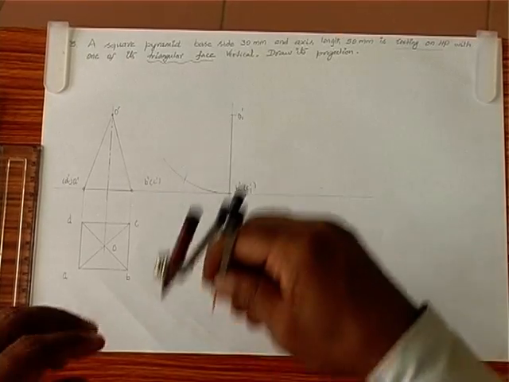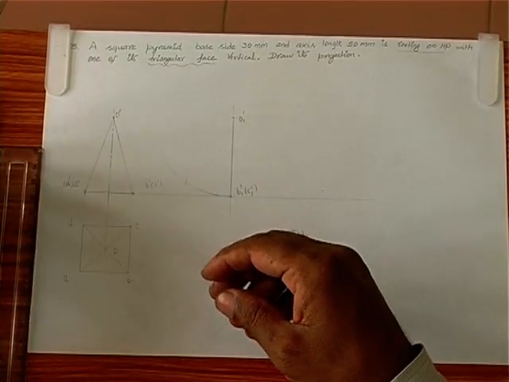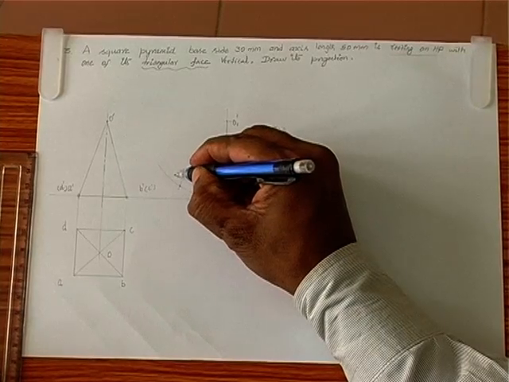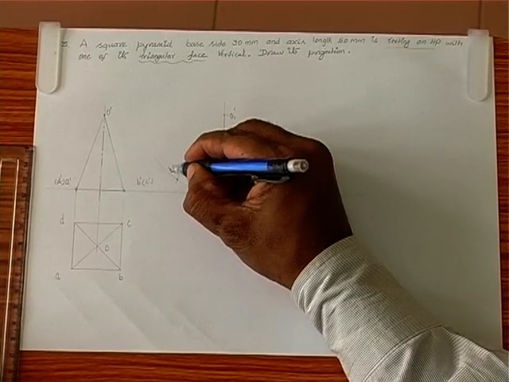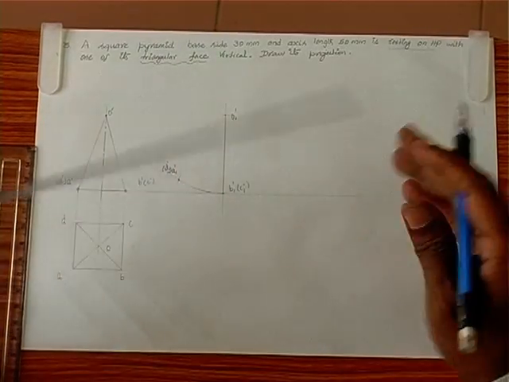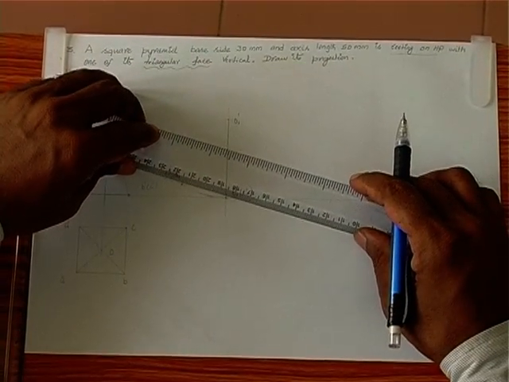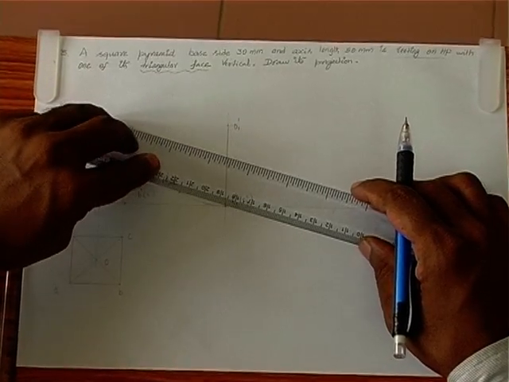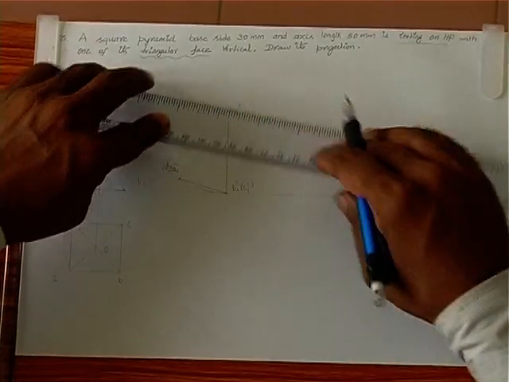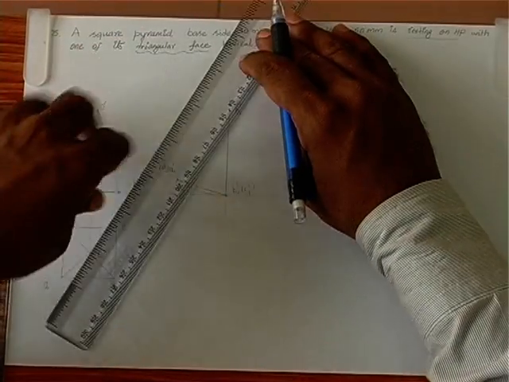You will be able to get the new required position. So this is our final A1 dash and D1 dash. So now we can join this and get the new position. The new position is that any one triangular face should be strictly vertical.